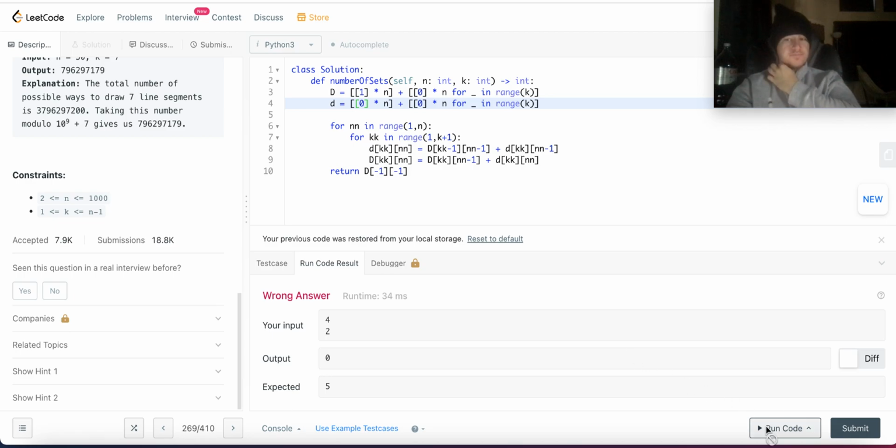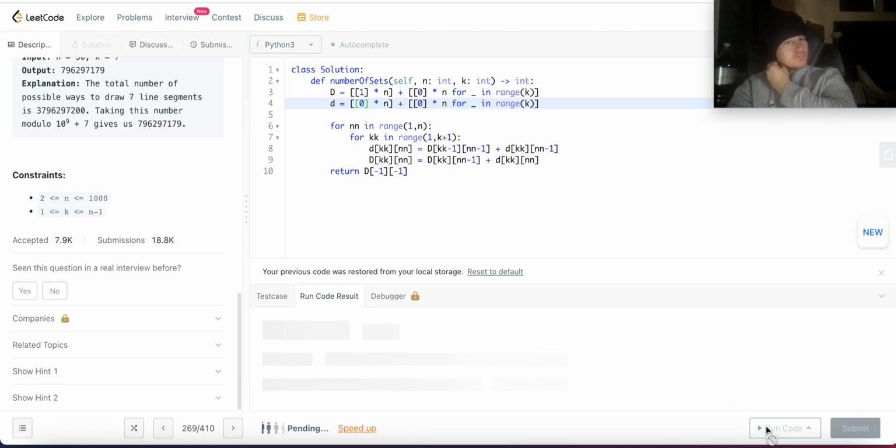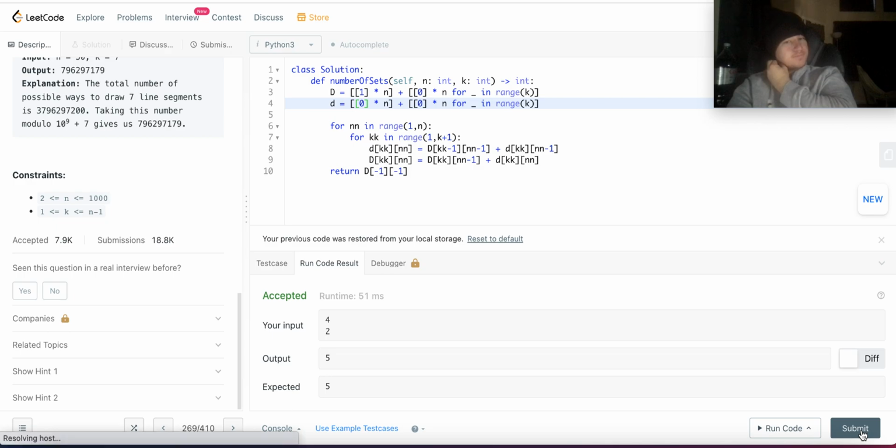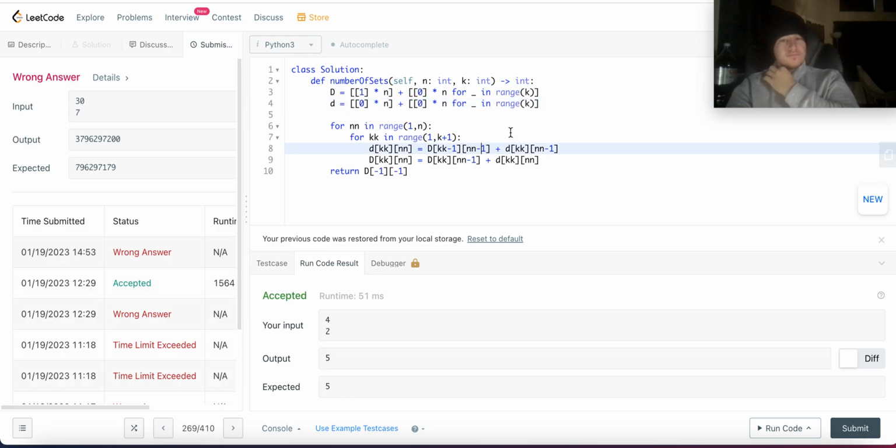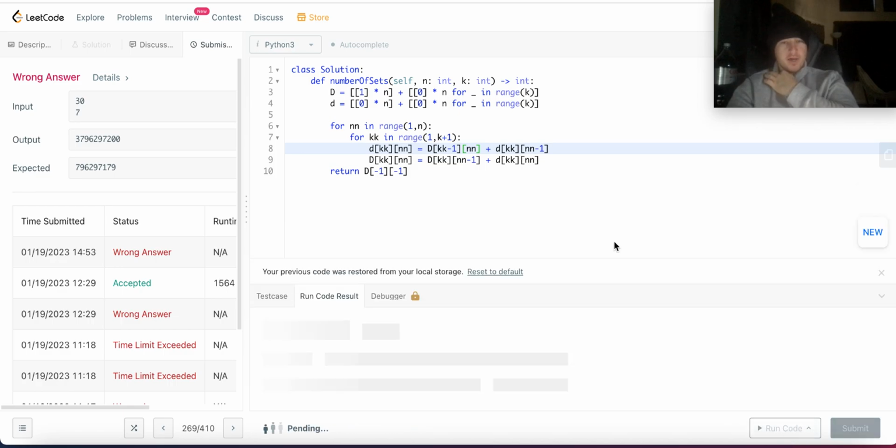Because that's in. Right. Let's see if this broke. My recurrence relationship had a k minus 1 nn.